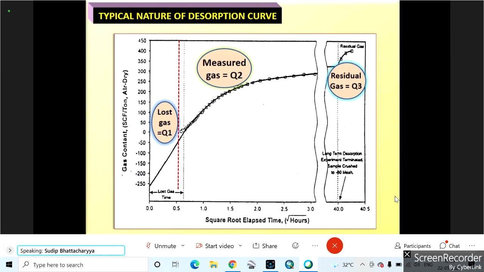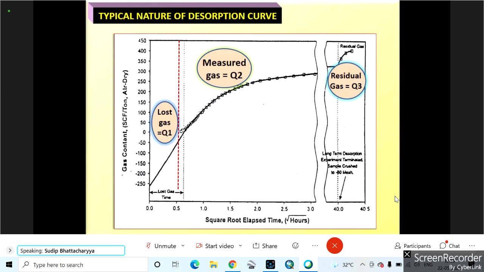Now it is going on for our exploration for the shale gas. It is the same for coal bed methane. I will discuss it later. So these things, that is the dissolved gas, that is called the measured gas. Some gas are lost, that is called the lost gas. We have to measure it statistically, and some gas that is residual will not come out of the system normally.